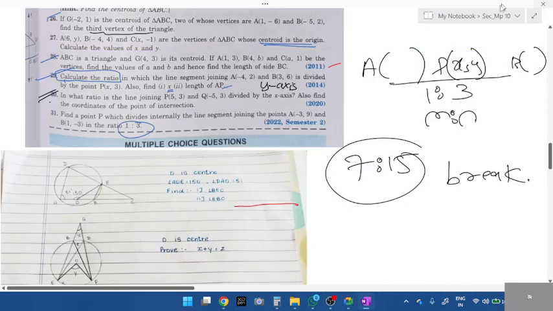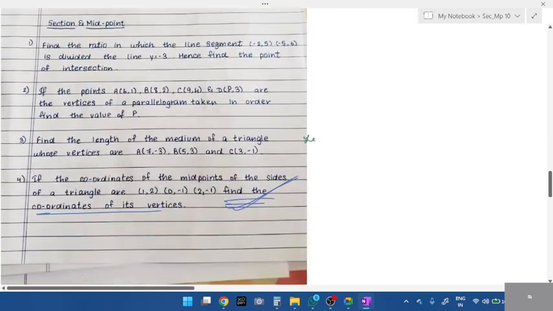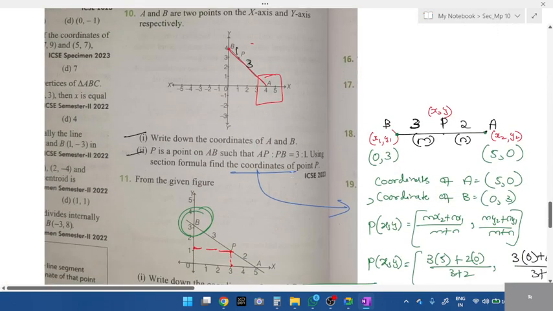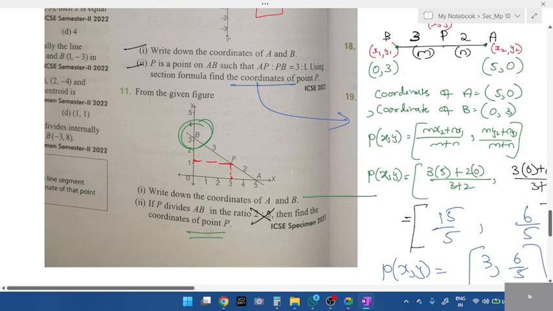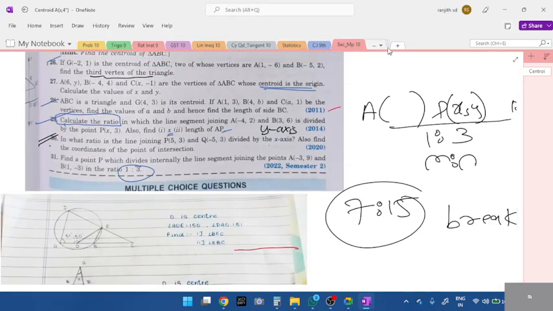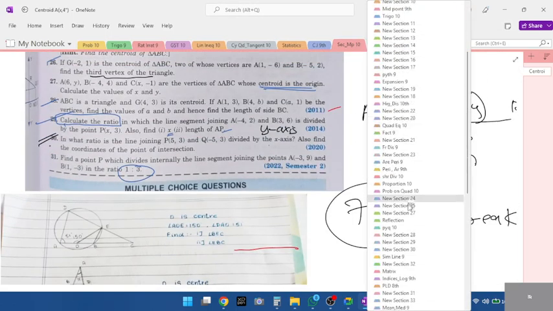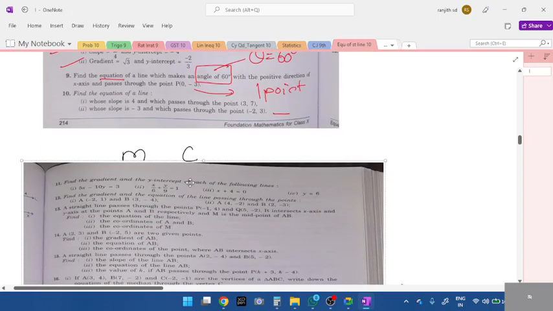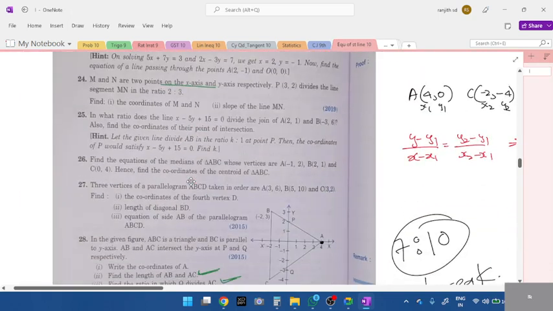Okay, shall we solve equation of a straight line, students? Equation of straight line question. Okay, fine. 2023. Find the coordinates. Okay, just do the previous year question.